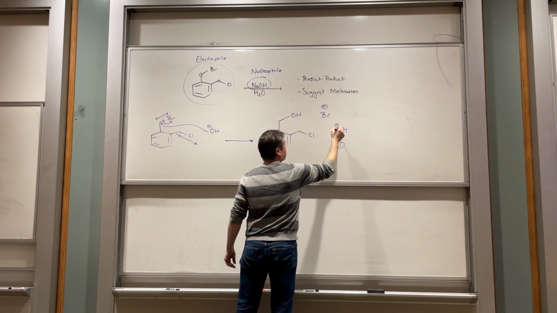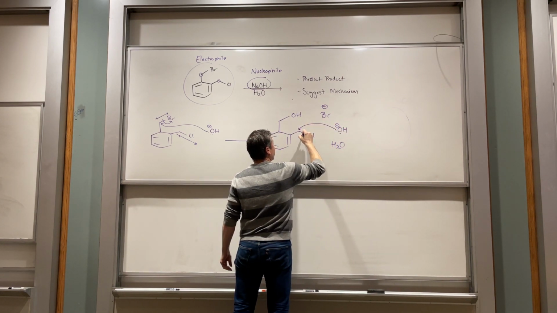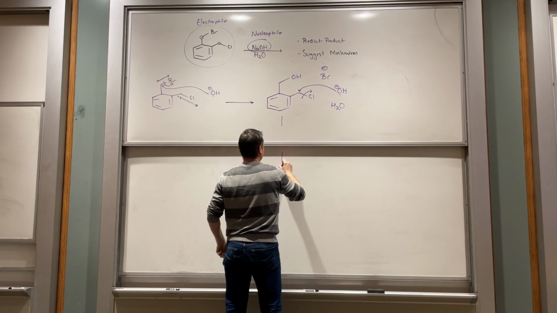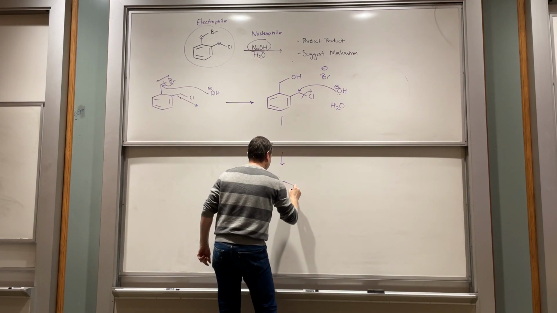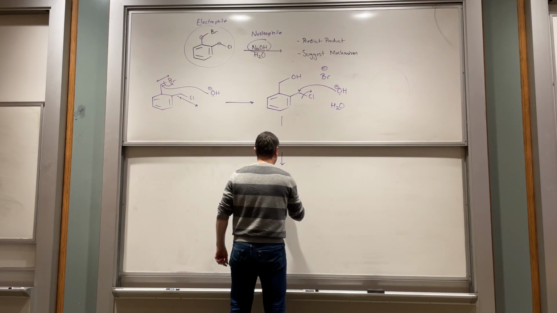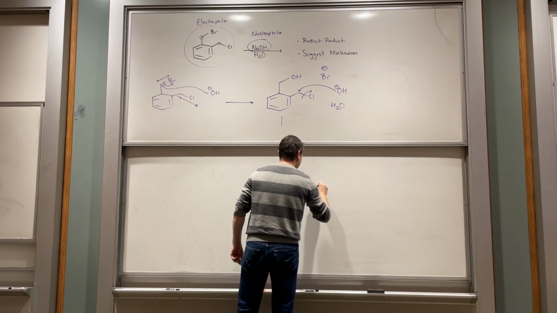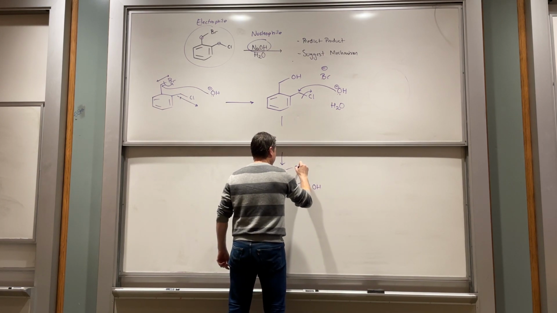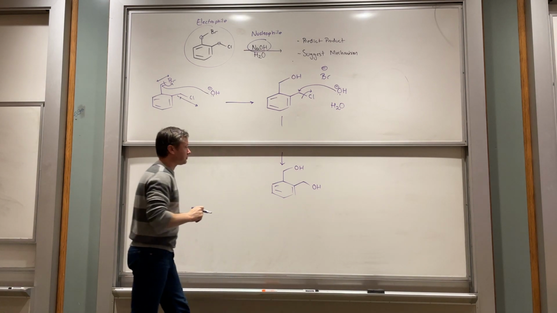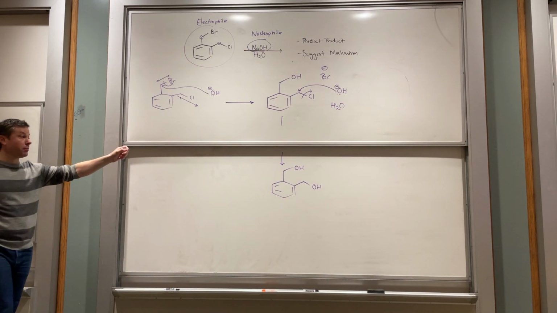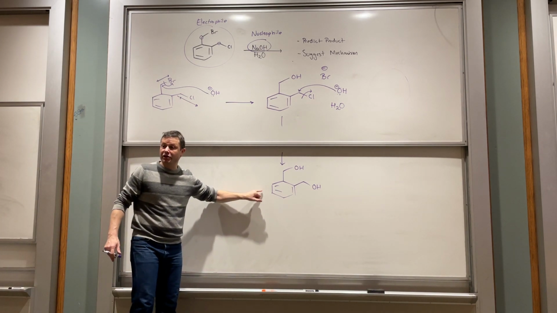So we can take our hydroxide, add that to the other carbon, kick out the chlorine down here. Right, and we create this aromatic diol. Okay, that's one option. We'll see that product form, all right, but this is probably not going to be the major product.